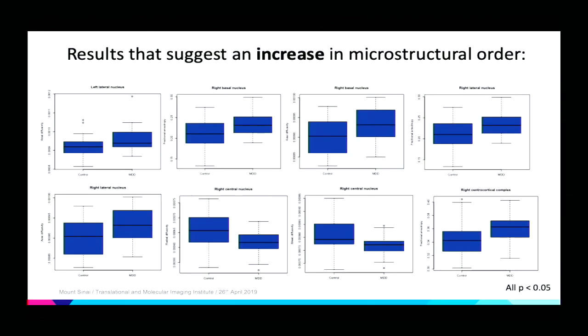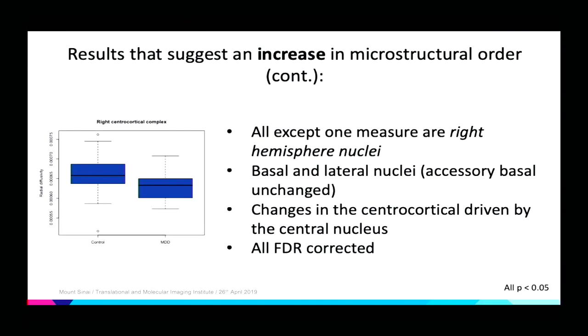And what we saw was that there was, in many nuclei, results that suggested an increase in microstructural order, which can loosely be interpreted as increased connection strength. All of these except one were in the right hemispheric nuclei, especially the basal and lateral nuclei. The accessory basal was pretty much unchanged.